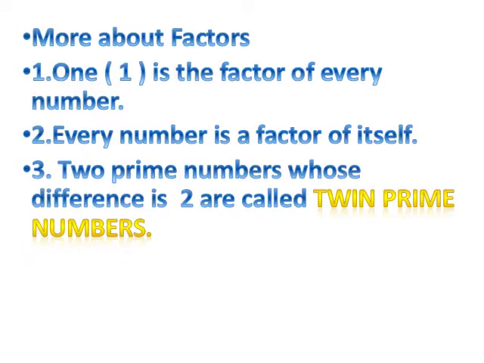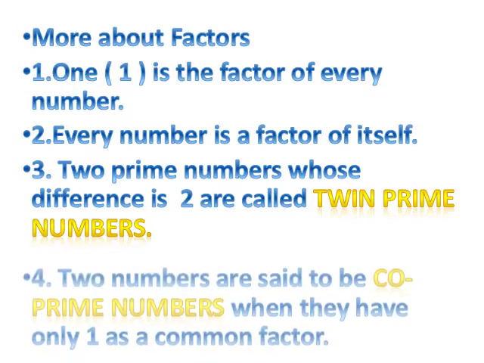Two prime numbers whose difference is 2 are called twin prime numbers. Remember, here we are dealing with prime numbers only, not composite numbers. If you take two prime numbers and their difference is 2, that type of numbers are called twin prime numbers.